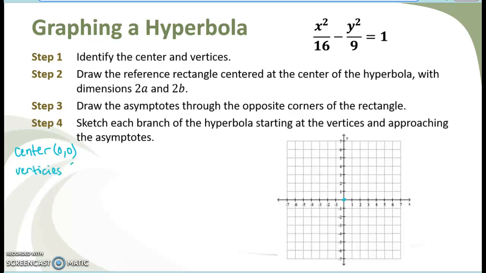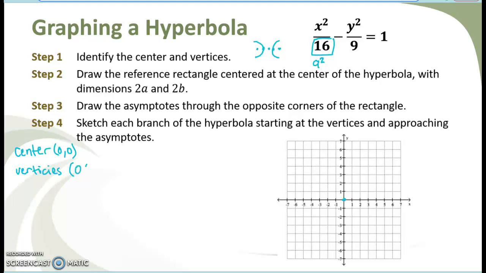Our vertices are going to happen, well, let's take a look at this. 16 is a² because that's the denominator of our positive fraction. So what does that mean? That means we're going to open sideways, and to find our vertices from our center, we're going to add in the x direction.